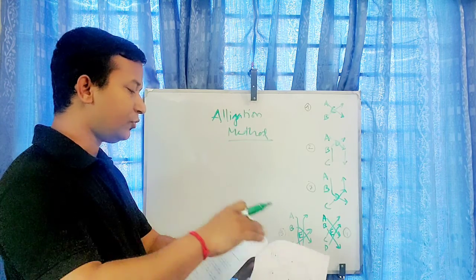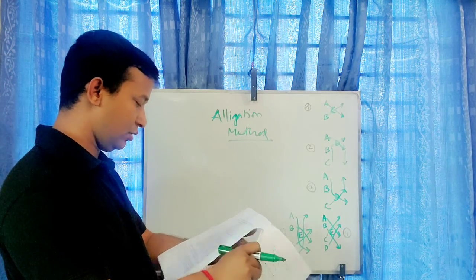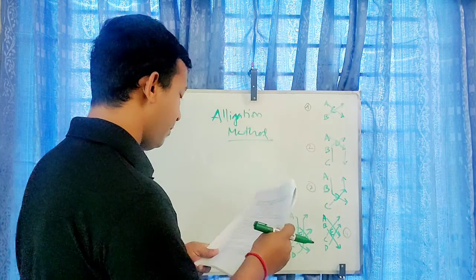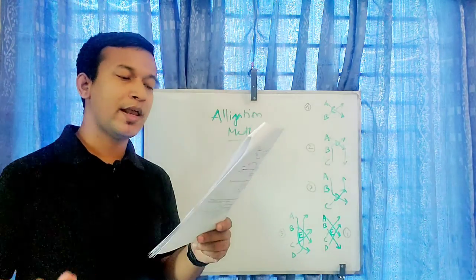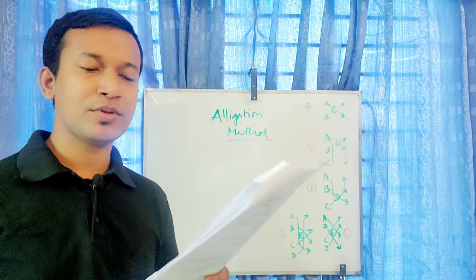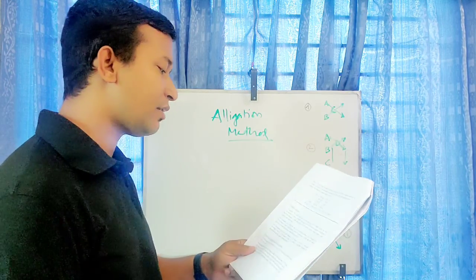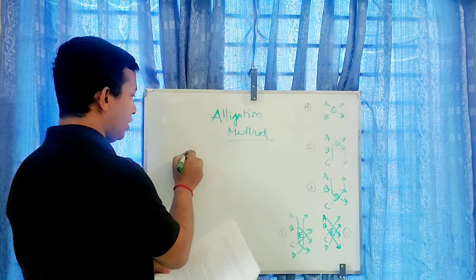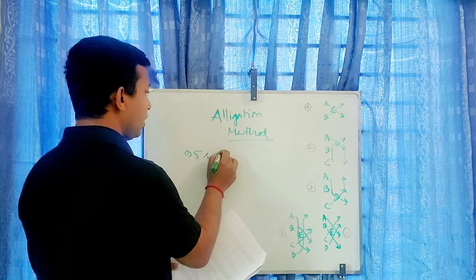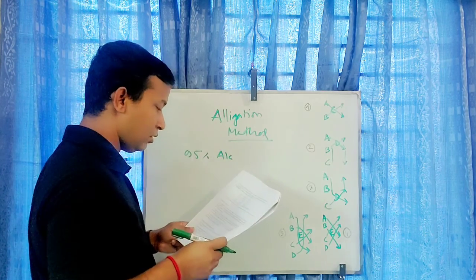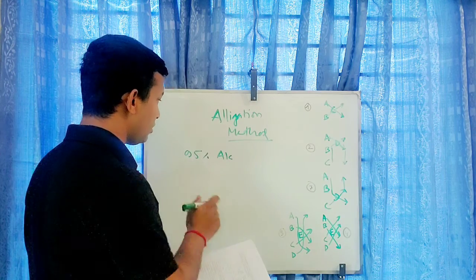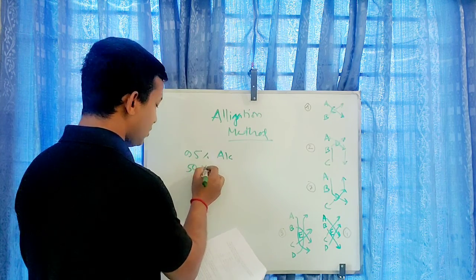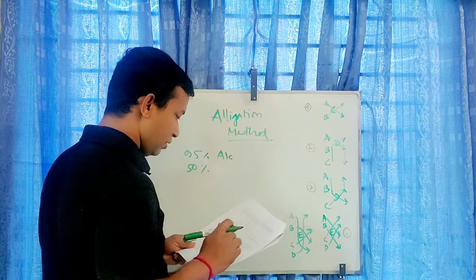So first of all, let's have a math problem here. In what proportion should alcohols of 95% and 50% strength be mixed to make 70% alcohol? So the question is: 95% alcohol and 50% alcohol.